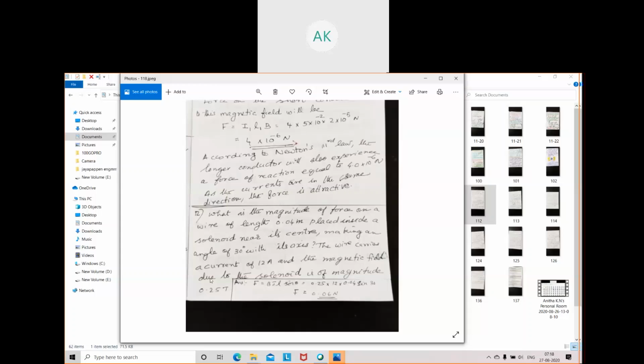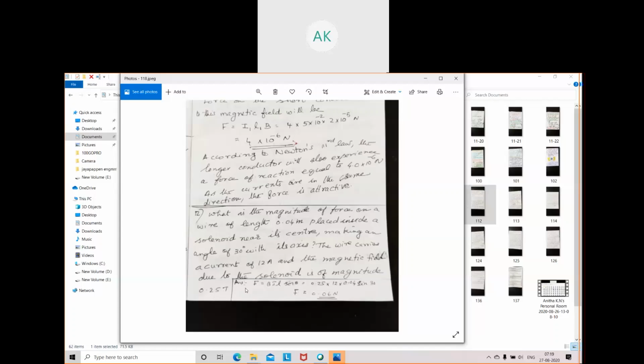So what is kept inside the solenoid? A current carrying wire. What's the current? 12 ampere. And what's the length of that current carrying wire? 0.04 meter. So I is given, L is given, theta is given. The magnitude of the magnetic field inside the solenoid is also given, 0.25 Tesla.